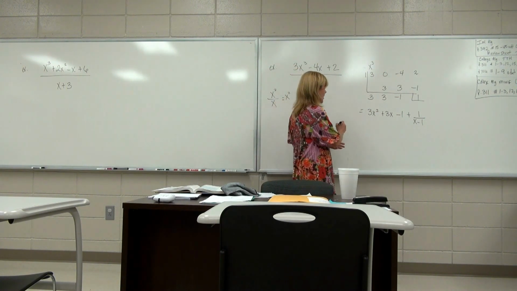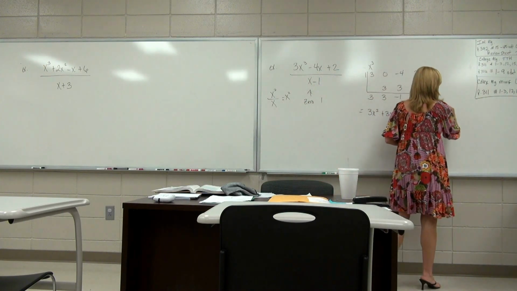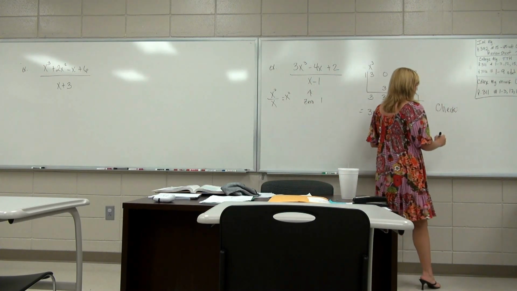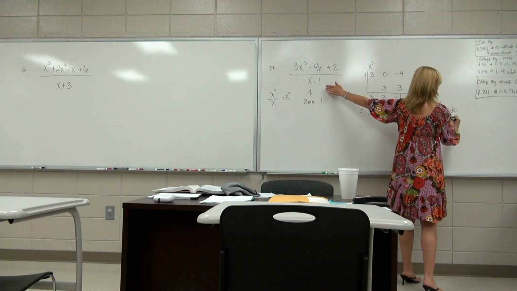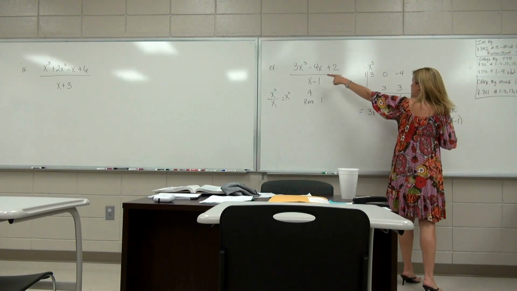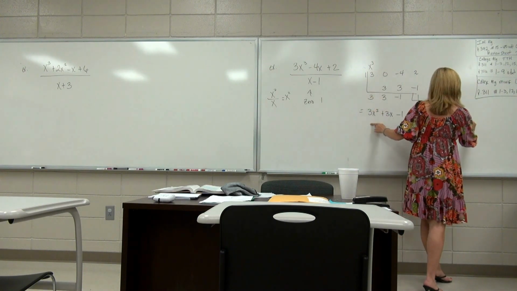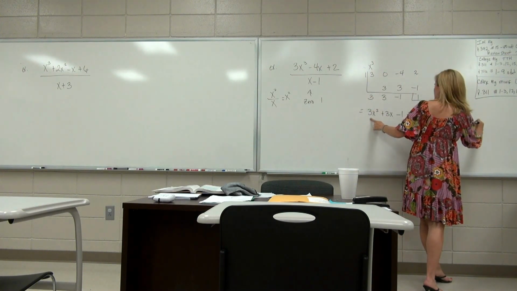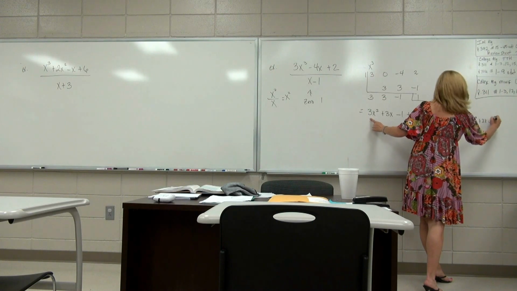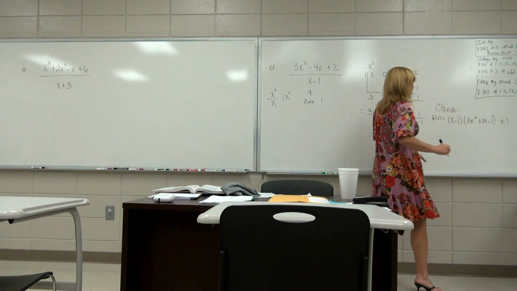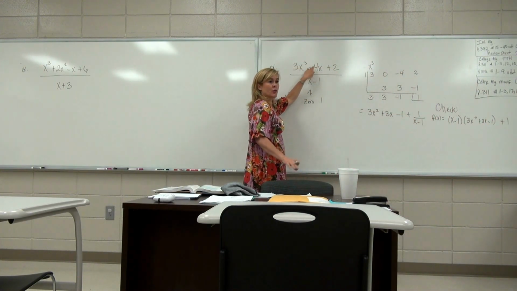Now if you wanted to check this problem, remember we said we could check it by the division algorithm? You take what you were dividing by, x minus 1, times the answer you just got, 3x squared plus 3x minus 1, plus the remainder. If you multiply this through, you should get your original back.